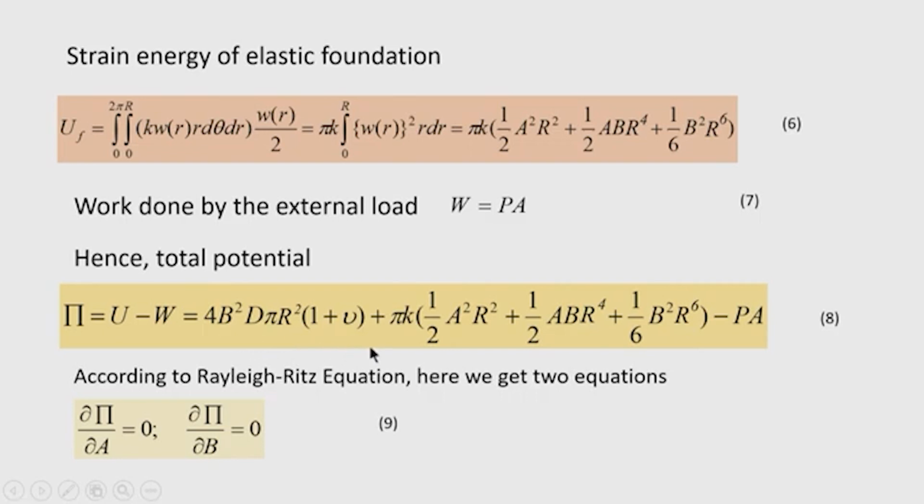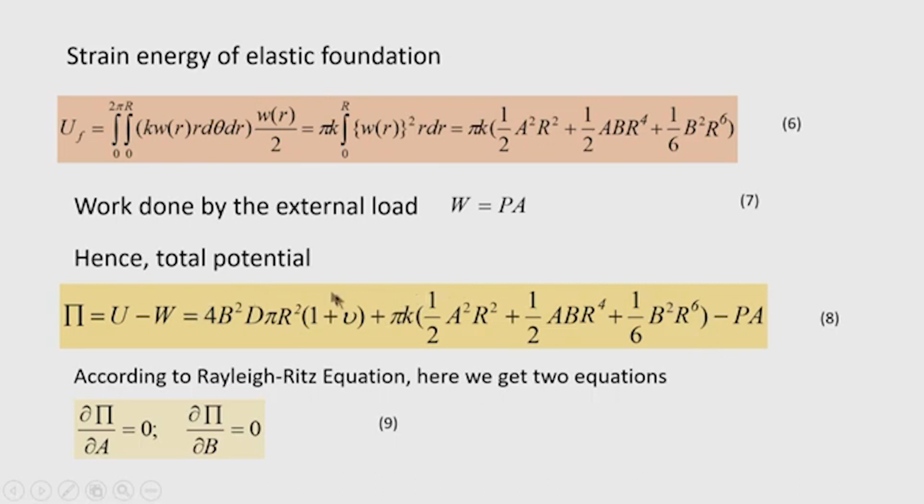This term is the contribution of the strain energy of the plate, plus this term pi k half A square r square plus half A B r to the power 4 plus 1 by 6 B square r to the power 6 minus P A is the contribution of the elastic foundation.